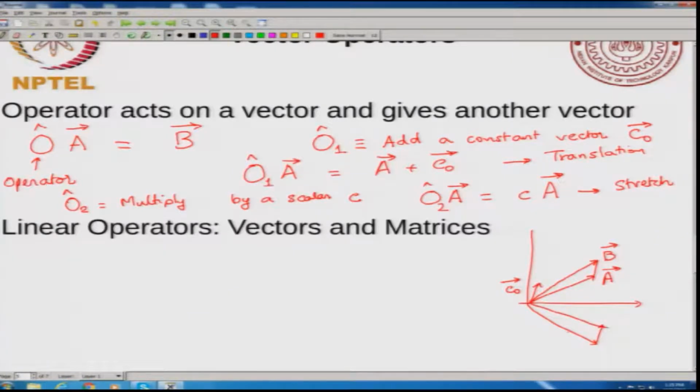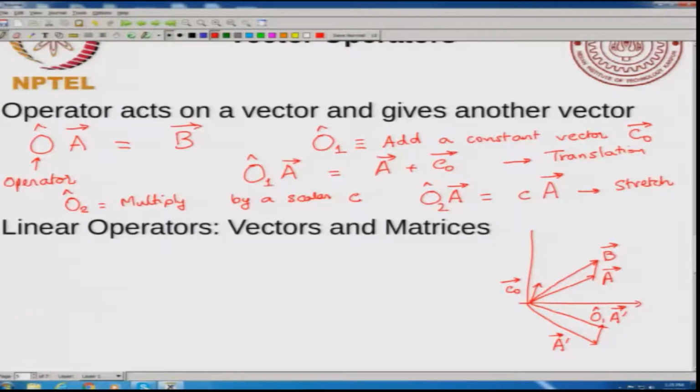If I take this as A prime, then this is operator O1 operating on A prime. That is why this is a translation operator, where it just translates the vector by a certain amount.